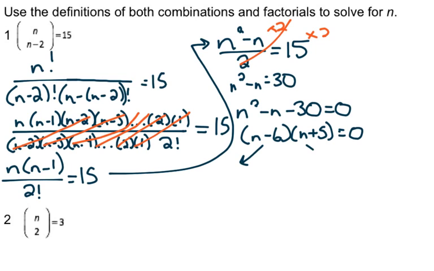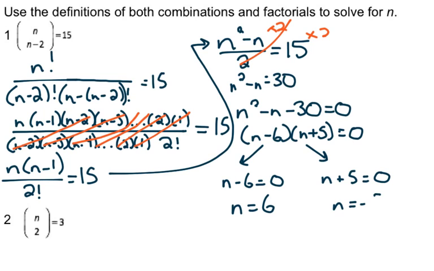We can split this off now so that n minus 6 equals 0 or n plus 5 equals 0. We get n equals 6 on the left and n equals negative 5 on the right.